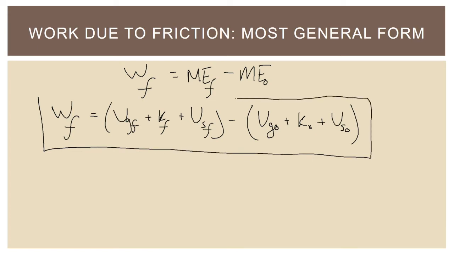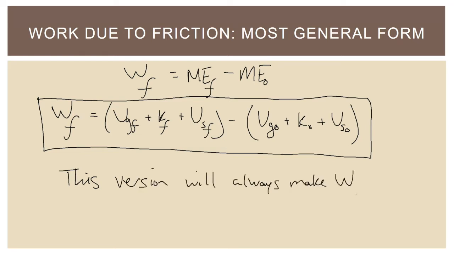This version of the equation will always make the sign work out to be negative for the work done by friction. So we'll say this version will always make the work done by friction negative, which we said it should be in order for the signs here, or the actual energies here and the signs to work out correctly.